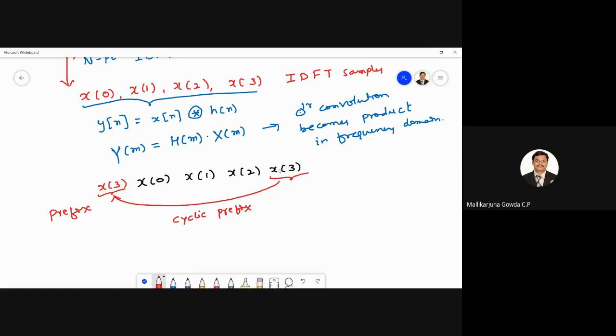Right now I'm taking one symbol, and I'm prefixing it at the beginning, so x of 3 is at the beginning.